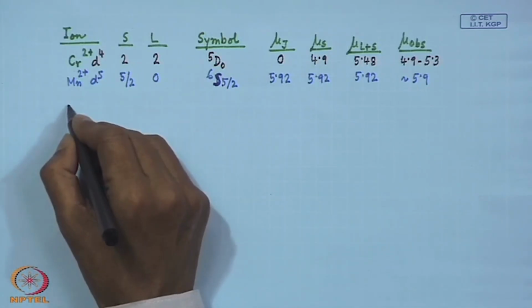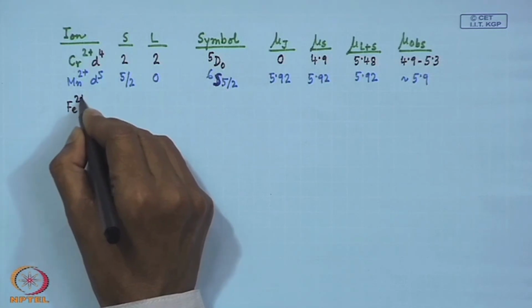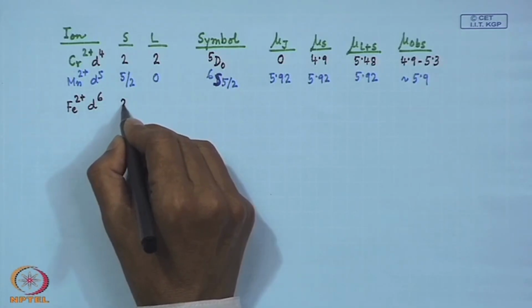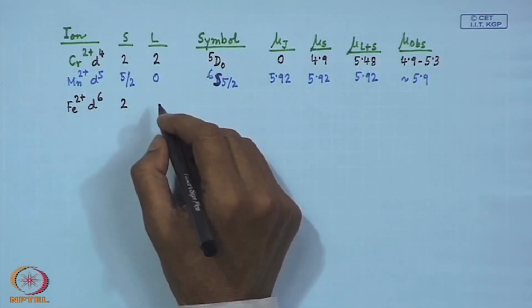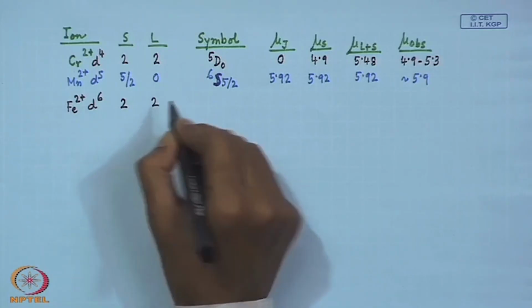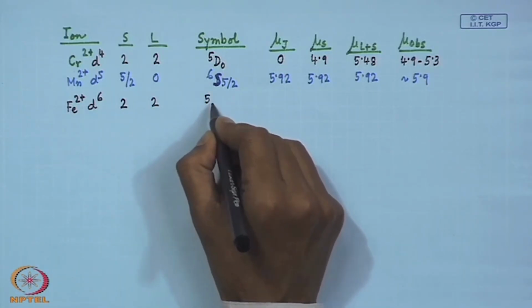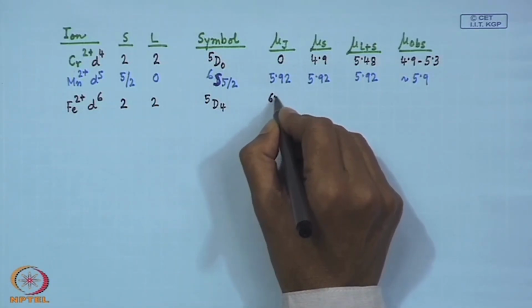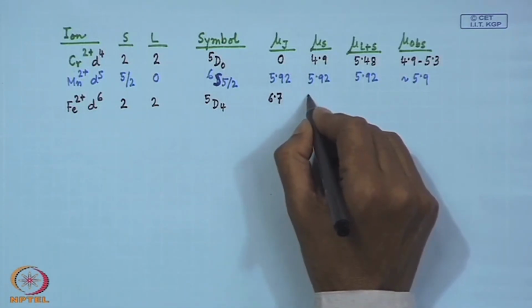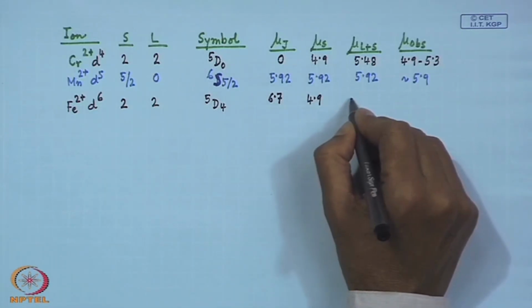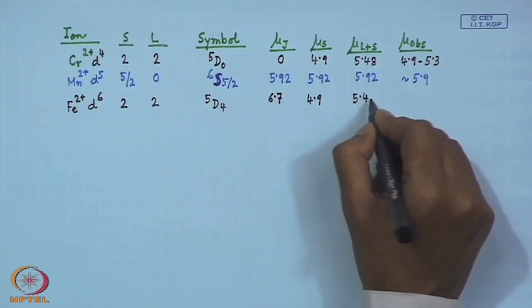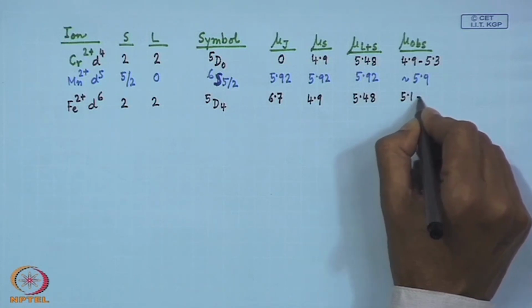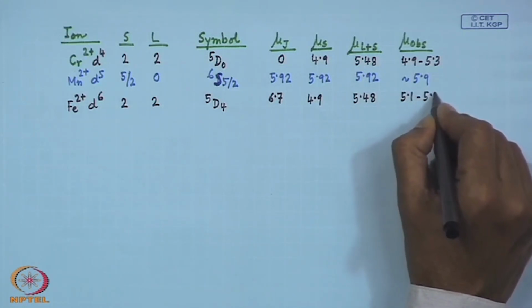Then iron 2 plus, which is the D6 system, S value equal to 2 and L value equal to 2, then the term is 5D4 and mu J is 6.7, this is 4.9 and this is 5.48, and this value is ranging from 5.1 to 5.4.